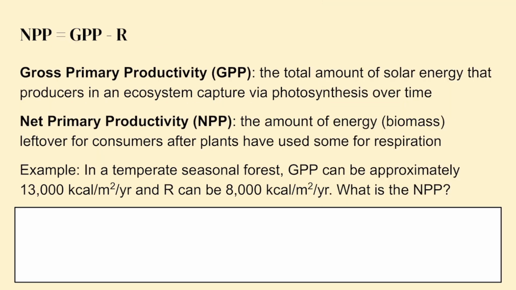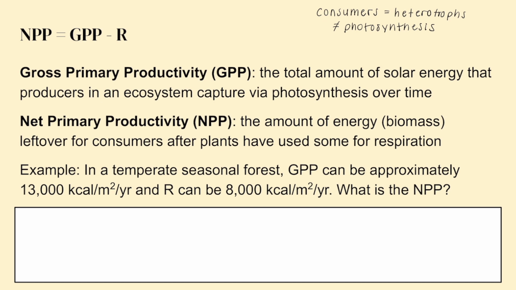So something that we as consumers are very interested in, and by consumers what I mean is we cannot perform photosynthesis. So consumers are also called heterotrophs, and that means we cannot do photosynthesis. So we have to get our sugars and our energy, our cellular or chemical energy from other places.